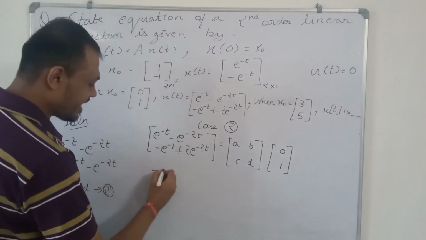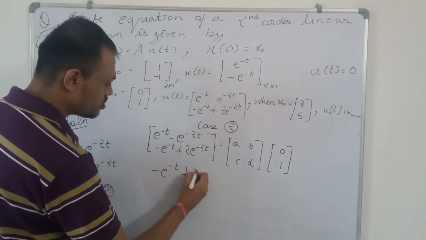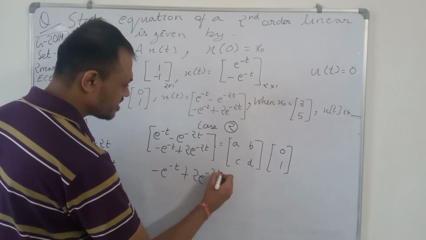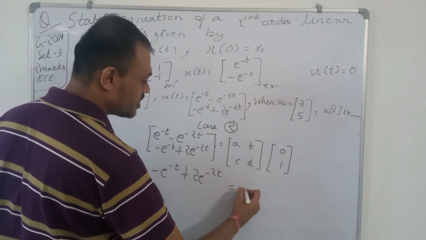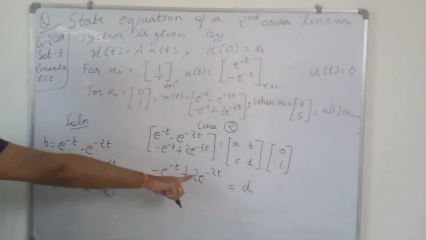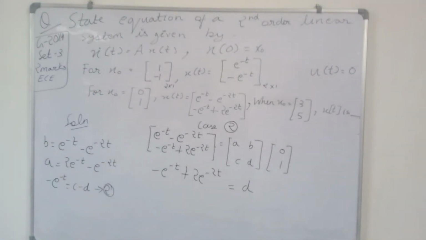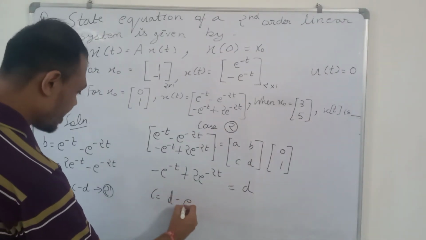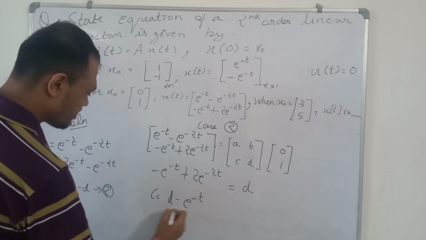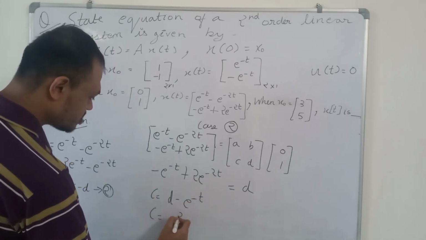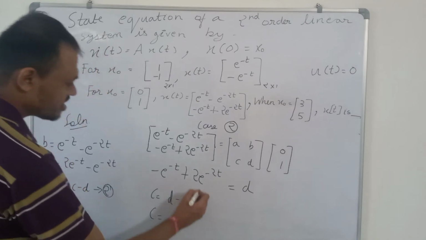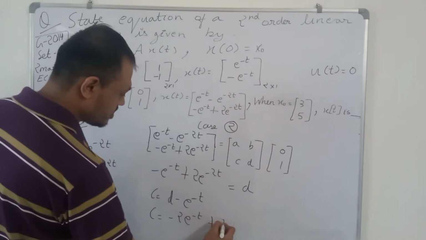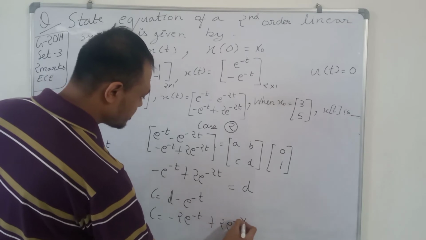Then, for the second row, we multiply c with 0 and d with 1, so it is equal to d. So d is equal to minus e to the power minus t plus 2 e to the power minus 2t.